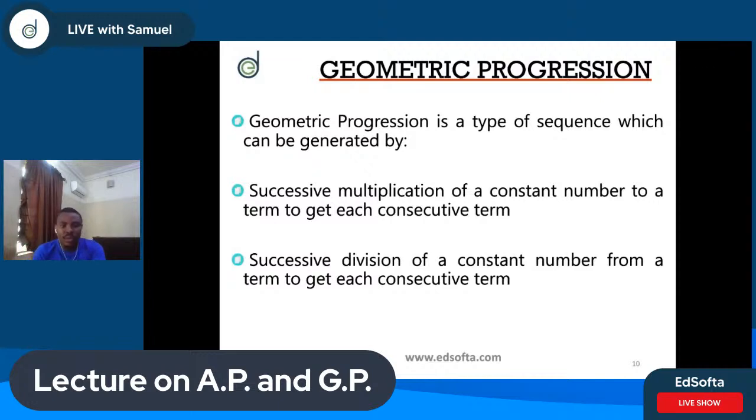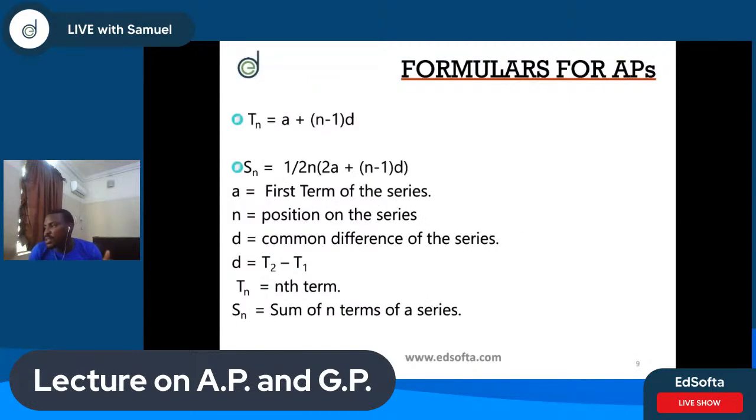Now let me go back a bit so that we can talk about the different equations in arithmetic progression. One of the equations in arithmetic progression is the first one: Tn is equals to a plus n minus 1 d. Tn is equals to a plus n minus 1 d.